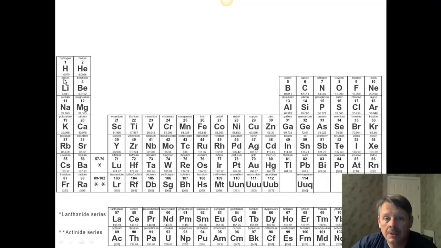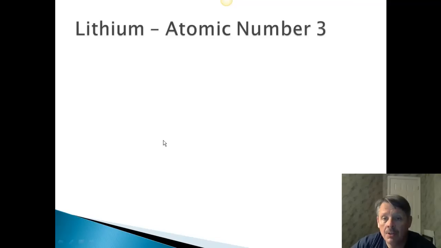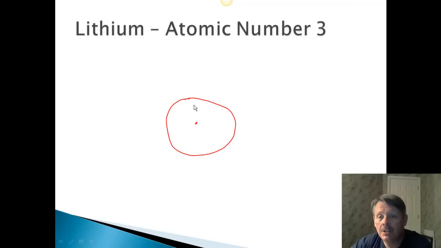What about lithium? Well, remember what's going on is the first 2 electrons went in here into the 1s level. And this is now my second s level, so it's going to be bigger than my first s level. So in the center I have a nucleus, and then I have a shell, and inside that shell, 95% of the time, I'm going to find 2 electrons. Right?